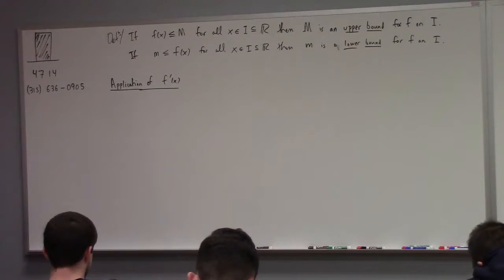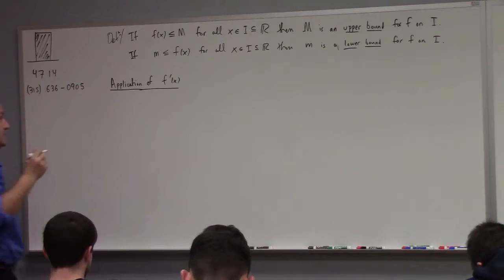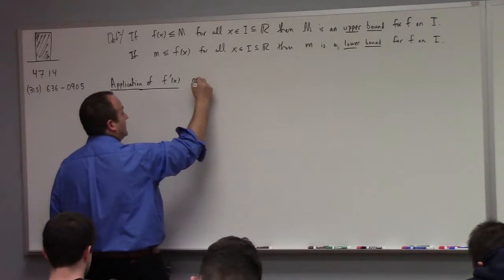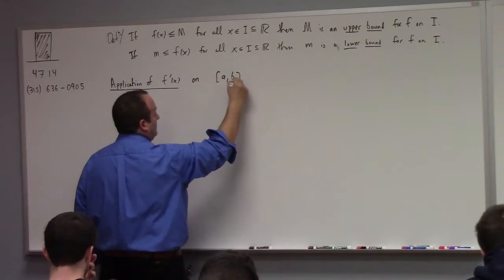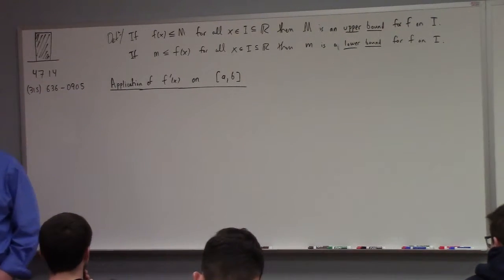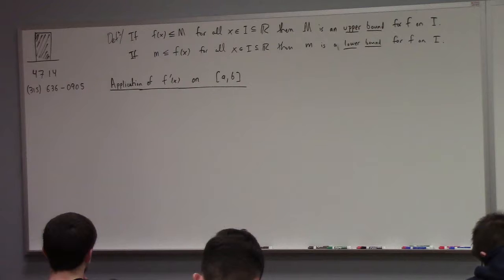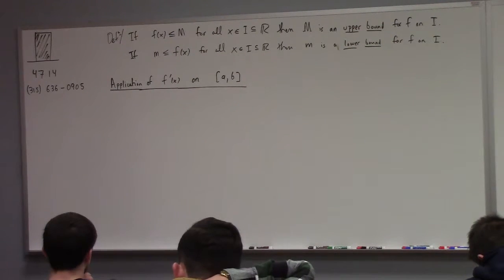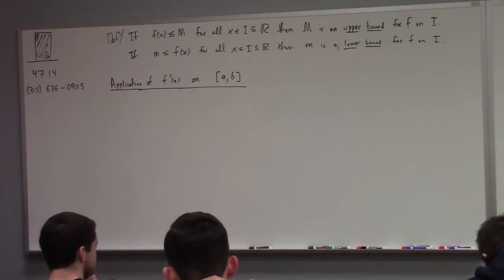What do we know about, what's the mean value theorem say? Let's say the closed interval a to b. So suppose that we have a function, it's differentiable on a closed interval from a to b, and let's suppose that the derivative exists, all right? Then what can we say? What would the mean value theorem tell us?